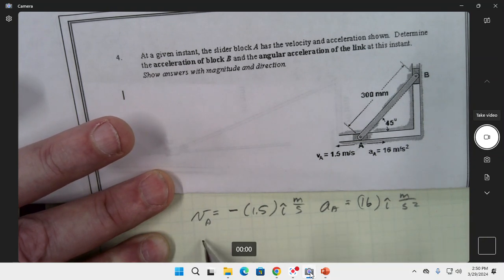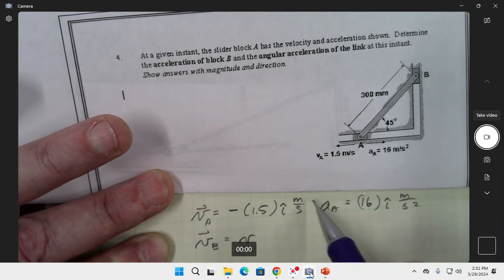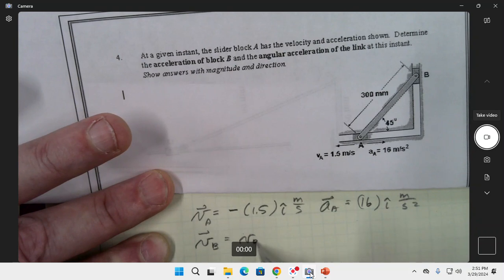We could tell that the velocity of B is a vector heading in the j direction, VB in the j direction.